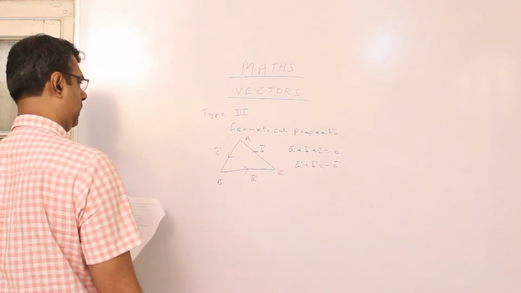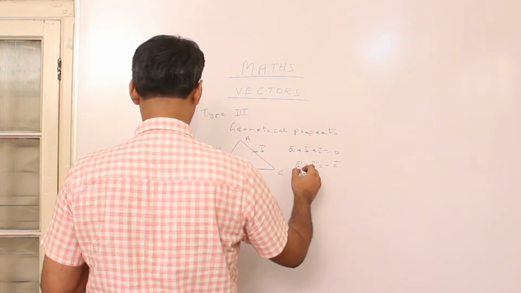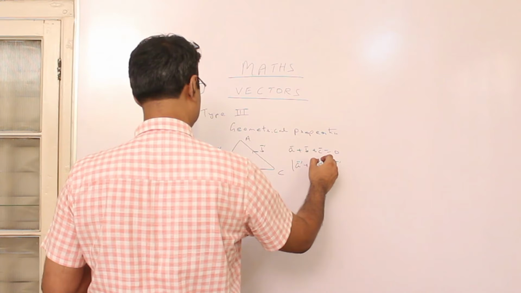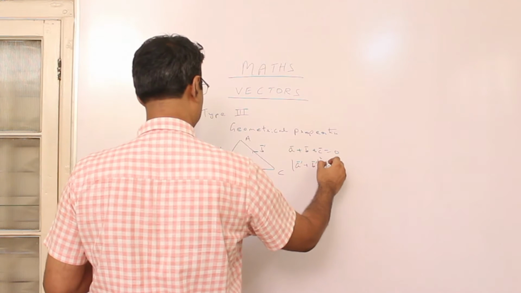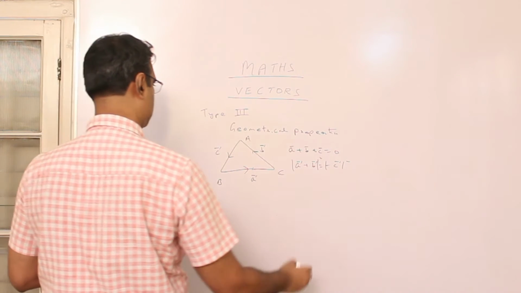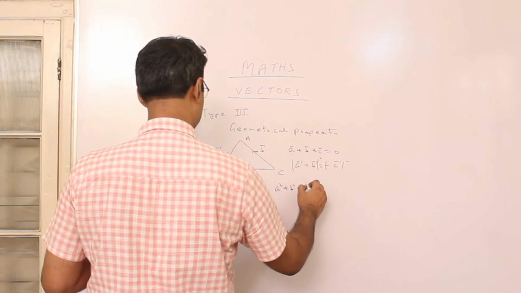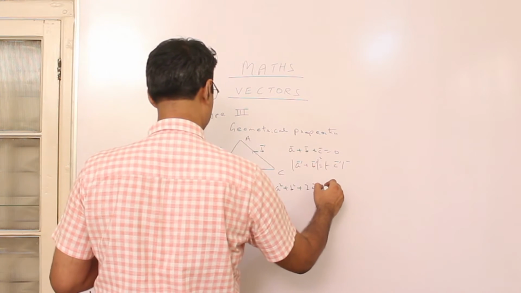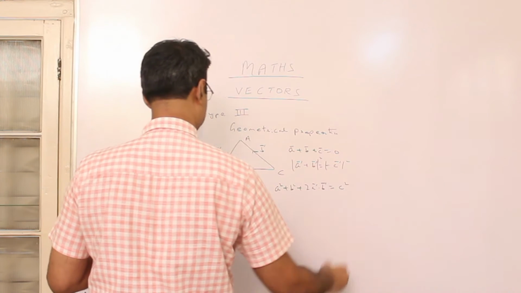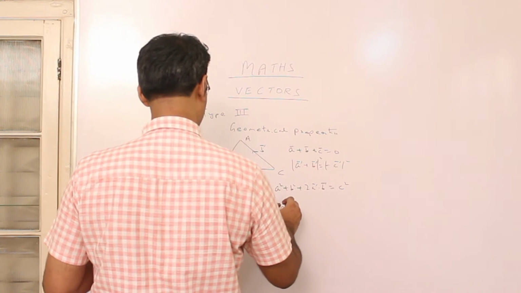So we will get A plus B equal to minus C. Now what you can do is you can take modulus on both sides and square. So A square plus B square plus 2A dot B is C square.